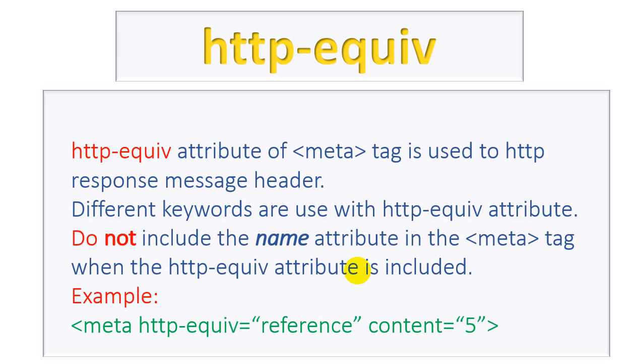In the same way, charset is an attribute of the meta tag which is used to specify which type of encoding you are using in your website, which language you are using, and how your server or browser will transfer or convert your data in which standard form.